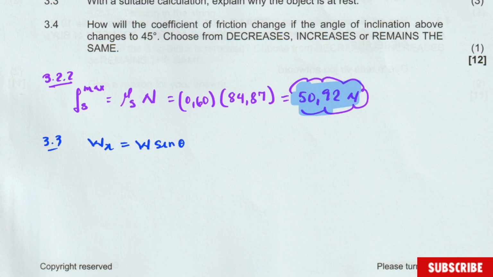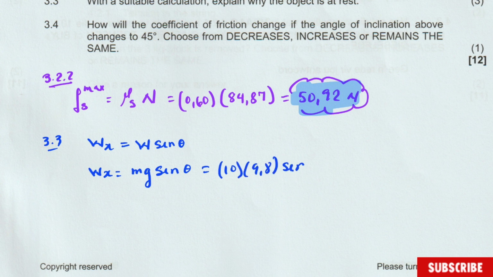So now in this case here, guys, we have that the weight in x is equal to mass multiplied by acceleration due to gravity multiplied by the sine of theta, which is 30 degrees. When you substitute, because you have all the values here, this one is equal to 10 multiplied by 9,8 multiplied by sin 30 degrees. And when you calculate that one, you get that the answer is 49 Newton.